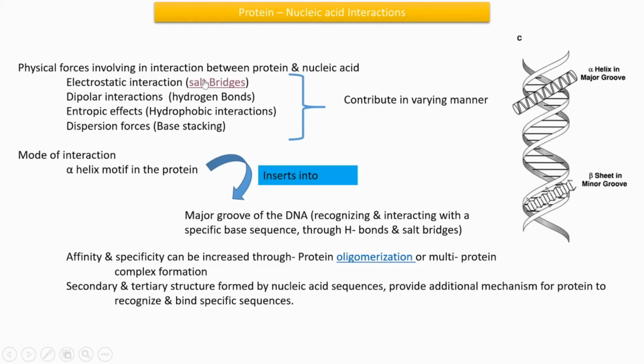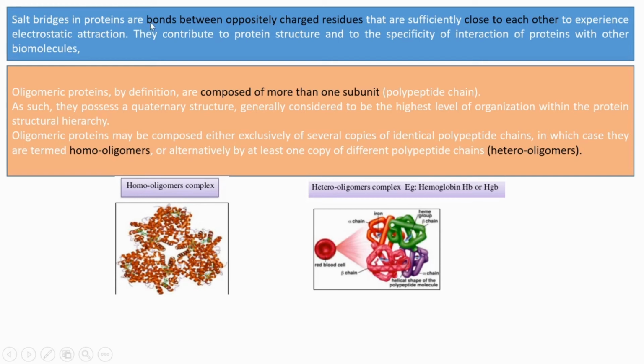A salt bridge is a type of bond formed between oppositely charged ions. Salt bridges are bonds formed between oppositely charged residues that are very close to each other. In that way, they have an electrostatic attraction between them.